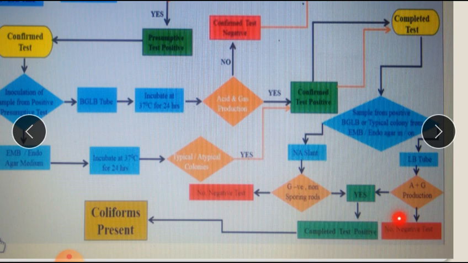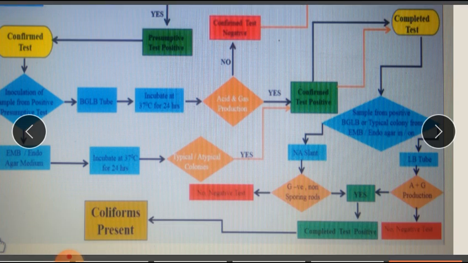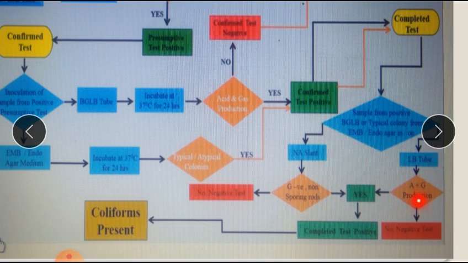If the lactose broth shows acid and gas production and the nutrient agar shows gram negative non-sporing rods, then both the tests are positive and coliform is present in your sample.